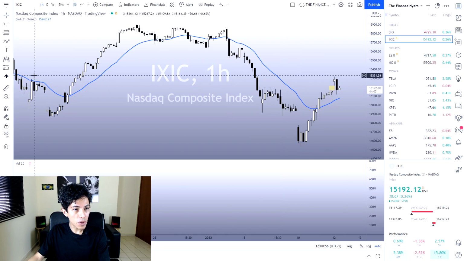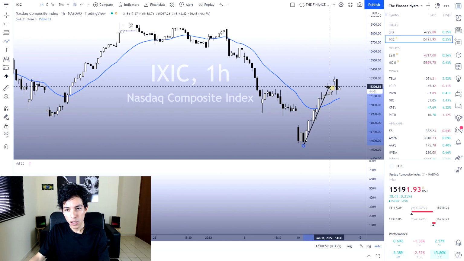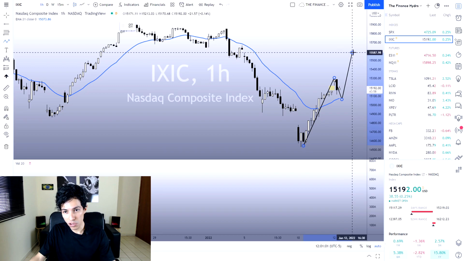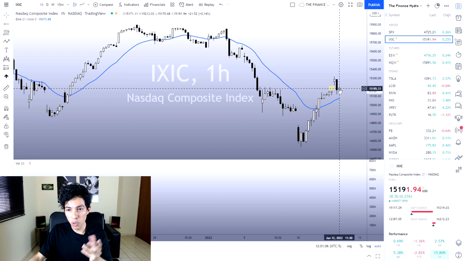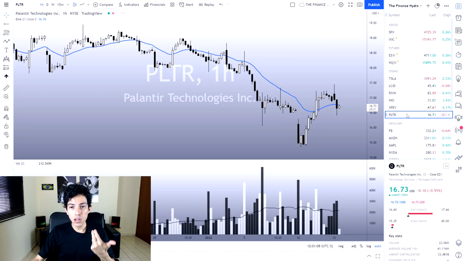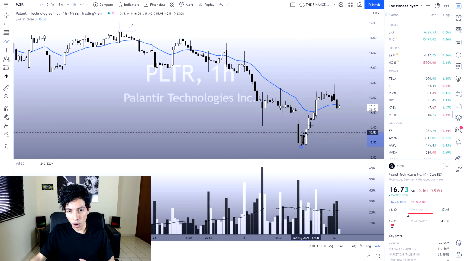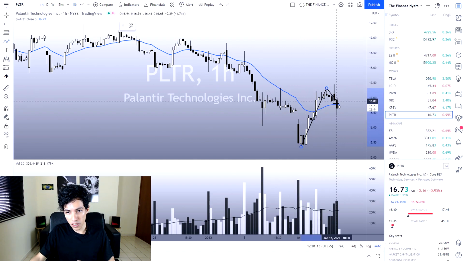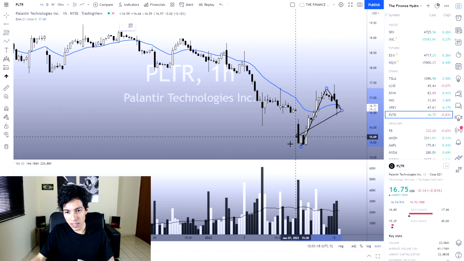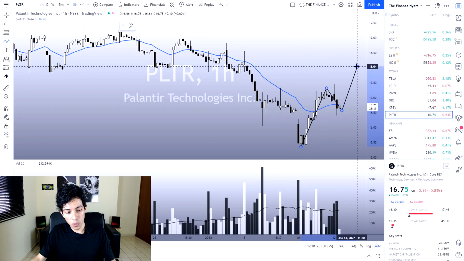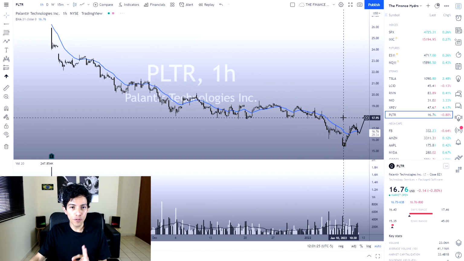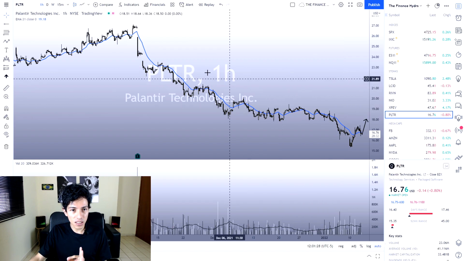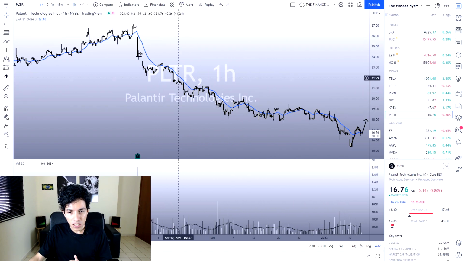However, remember, bull trends are made of higher highs and higher lows, okay? Lower movements occur during bull trends, okay? And if Palantir makes a bottom, a top over here, and a bottom higher than the previous bottom, and if we break the previous top level, Palantir is going to confirm a bullish pivot point for the first time since it started the bearish momentum over here.